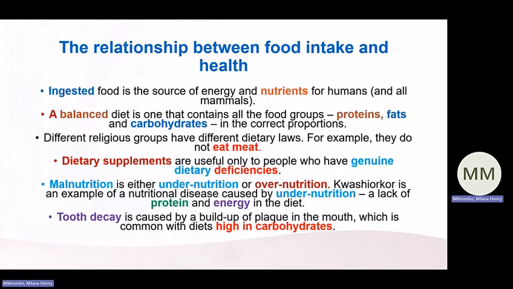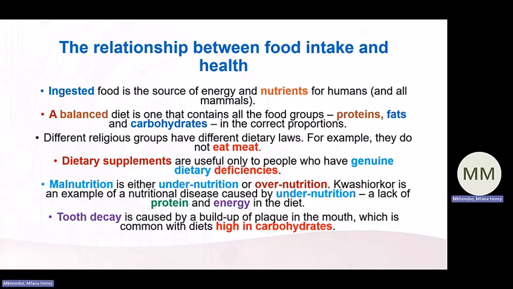So, the relationship between food intake and health. Ingested food is the source of energy and nutrients for humans and all mammals. A balanced diet is one that contains all the food groups: proteins, fats, and carbohydrates, which are available in the correct balance or proportion.